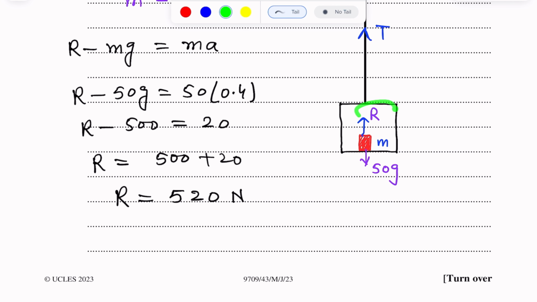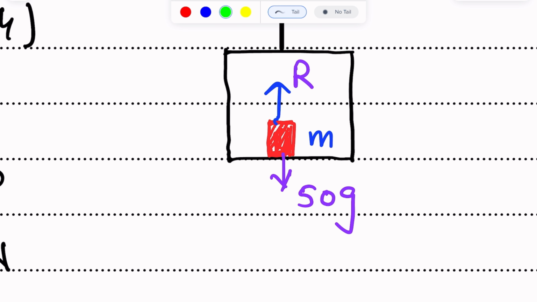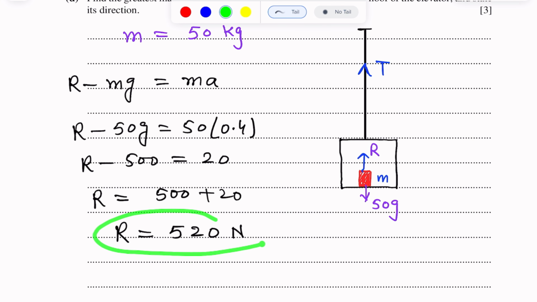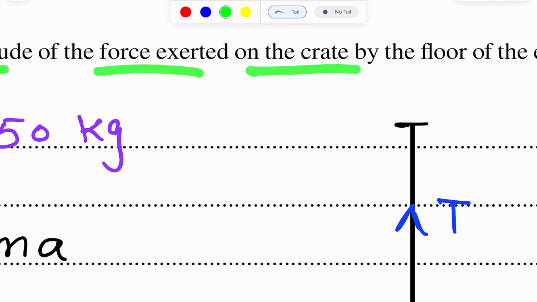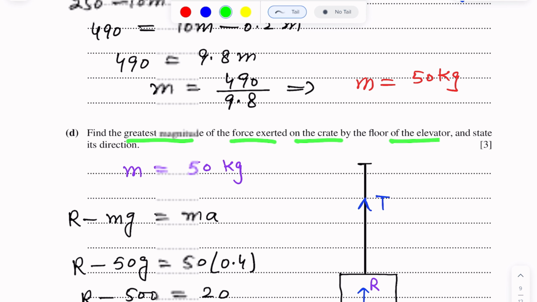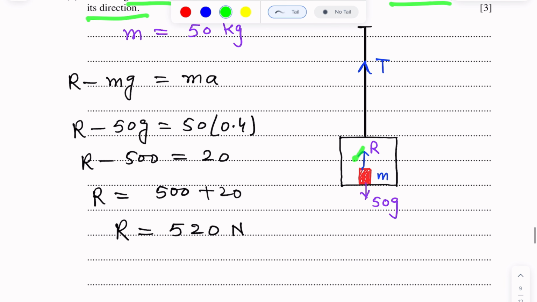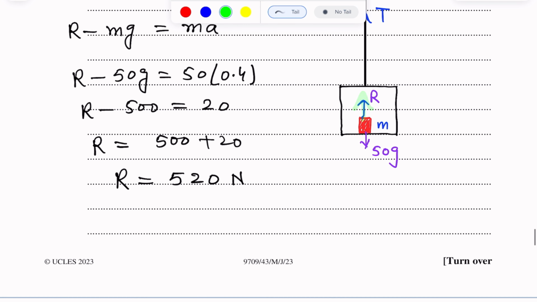This is the reaction of the floor of the elevator on this crate, the greatest magnitude of the force exerted on the crate by the floor of the elevator. And its direction is upward.